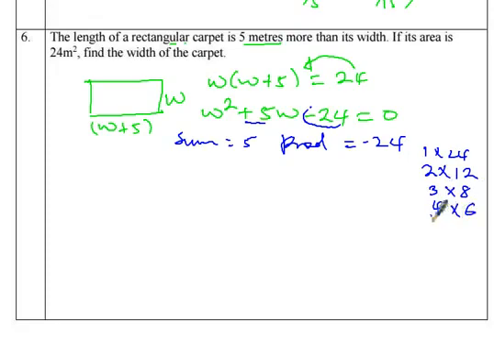I think we have them all now. Which pair can give us a 5? We have 3 and 8, this pair here. And since the number is a positive 5, the smallest number is what we need to make negative. So negative 3 plus 8 is positive 5, negative 3 times 8 is negative 24. Good.